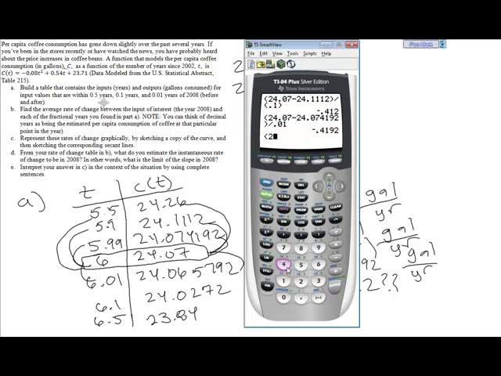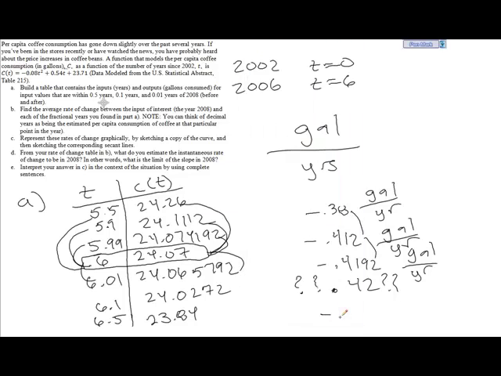So 24.06, try that again, 24.065792 minus 24.07. And now we're taking 6.01 minus 6, which is 0.01. And it looks like we get negative 0.4208.